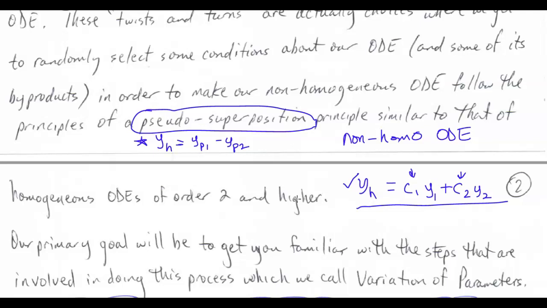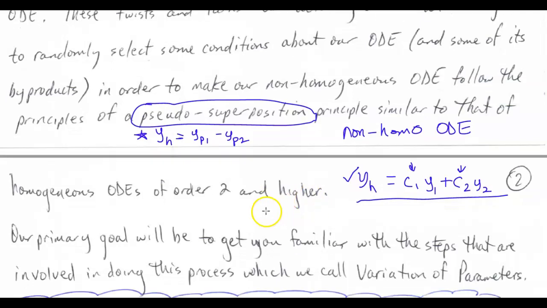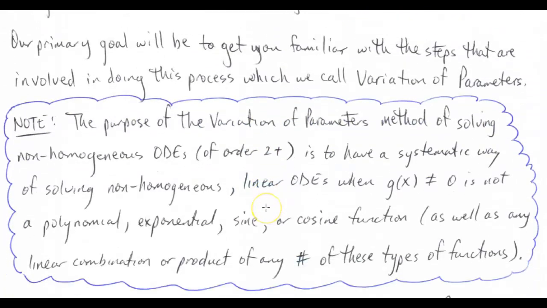If you're more worried about how to actually derive variation of parameters and why all this works the way that it does, then of course you'll need to watch the part 2 video. Our primary goal will be to get you familiar with the steps involved in the process, which is called variation of parameters.